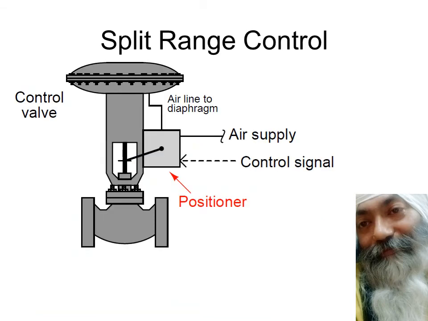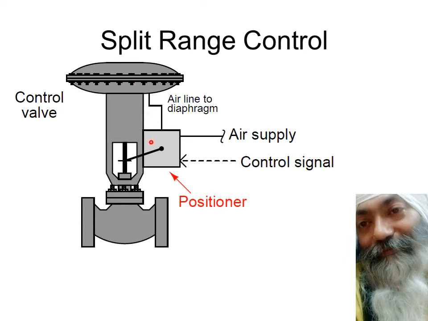This is, my dear friends, a valve positioner. As you can see from here, this is a normal valve, and it operates, let us say, from 3 to 15 psi, but we want that it should operate from 3 to 9 psi. So as we give a signal of 3 to 9 psi, it converts this 3 to 9 psi to 3 to 15 psi, and it further controls the valve as it was.